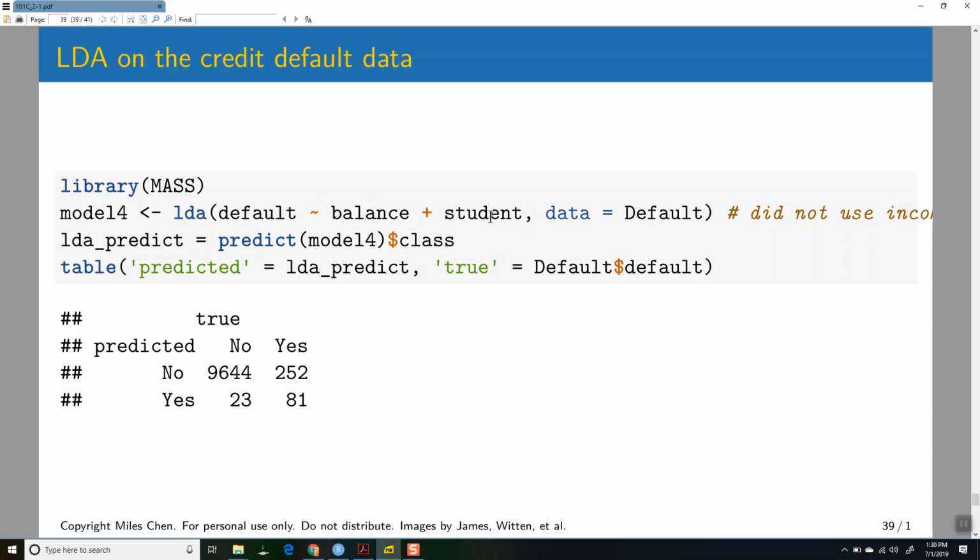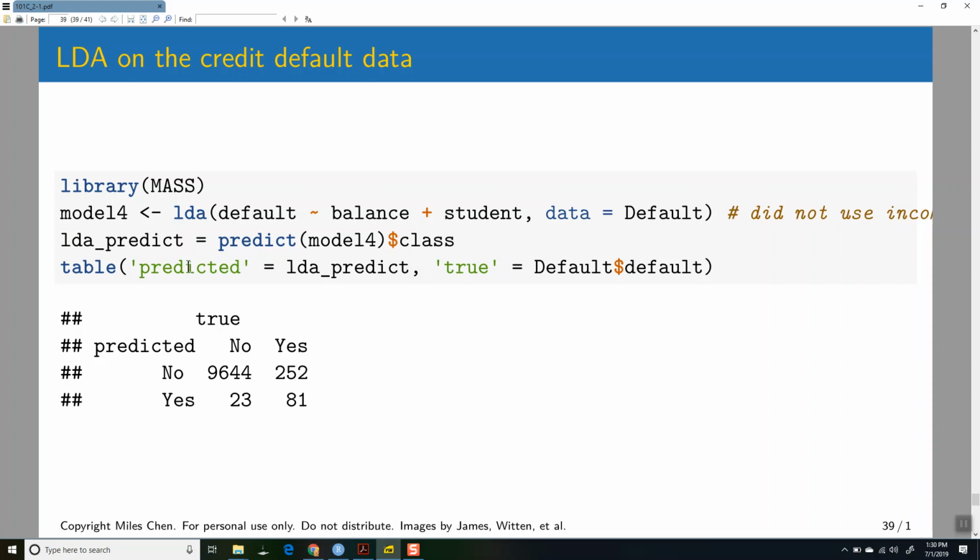We're not using income as a predictor. Okay, data comes from here, and then we can say, okay, what are your predictions on whether somebody defaults or not? We just say predict based on this model, and I want the class, and we're going to get yeses or nos.